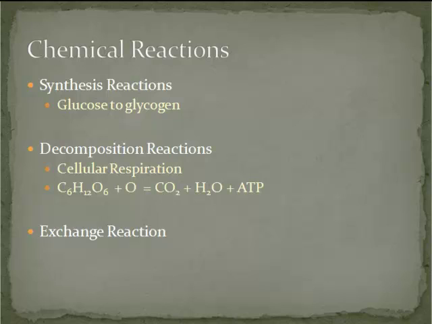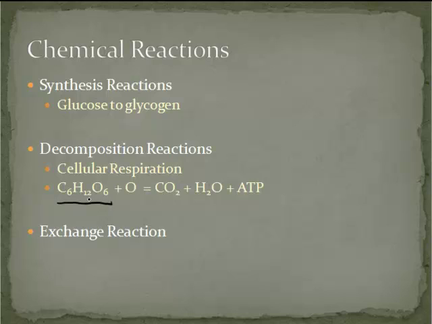You can see the reaction here. We have glucose. This is the chemical formula for glucose, and you'll see this again, C6H12O6. So it has 6 carbons, 12 hydrogens, 6 oxygens. This is a covalently bonded molecule. The carbons are covalently bonded to the hydrogens and oxygens. This is not an ionic bond.